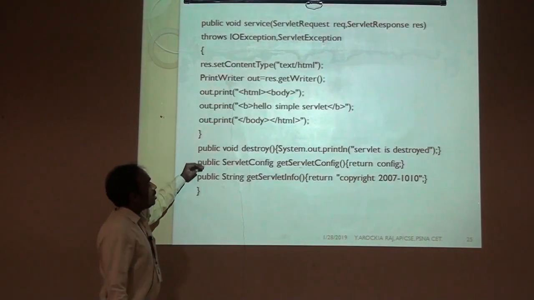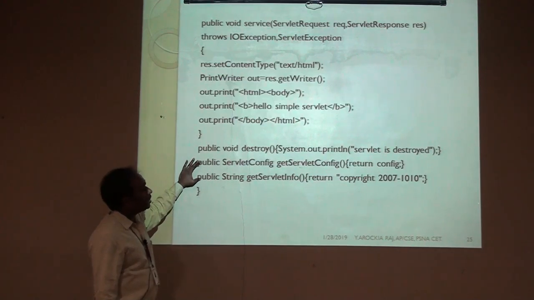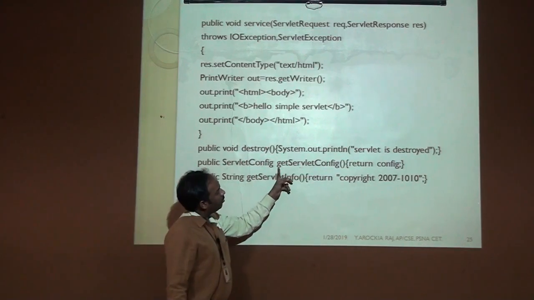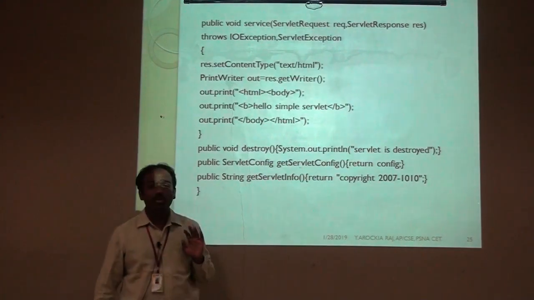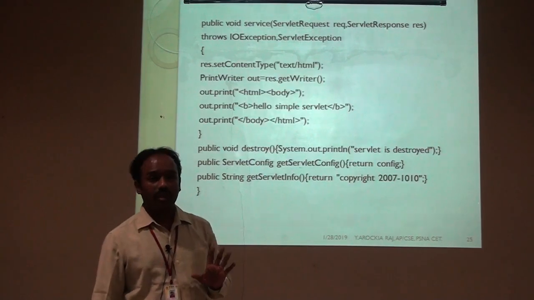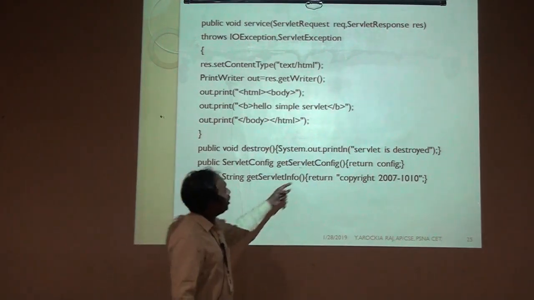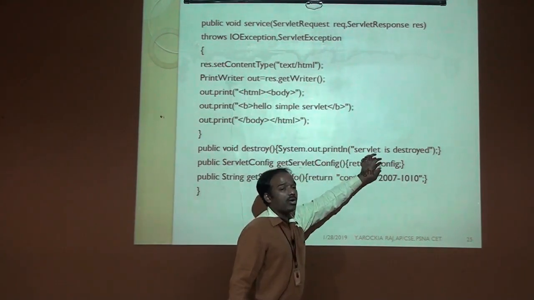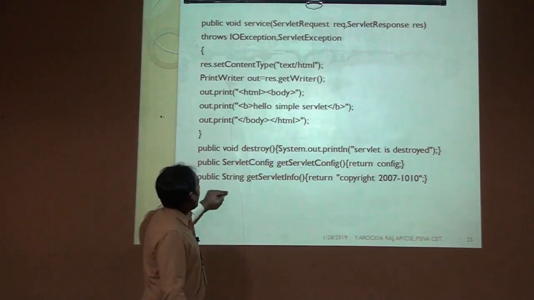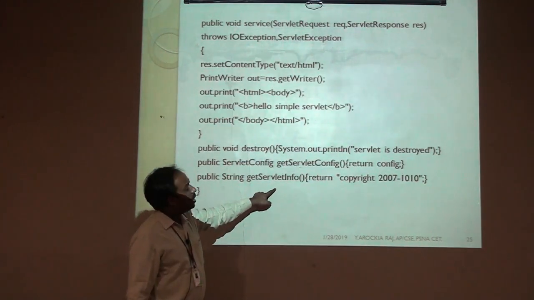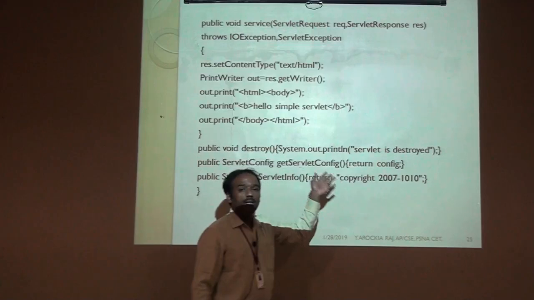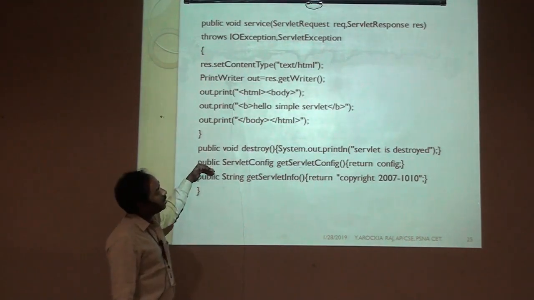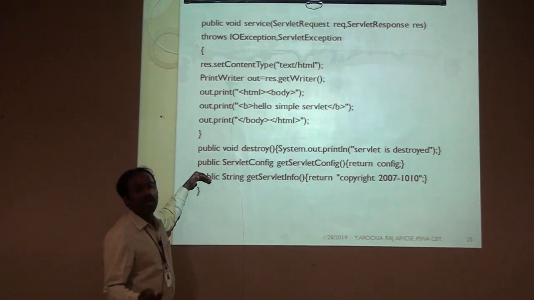We can also use getServletConfig, which returns the configuration of the servlet, and getServletInfo, which returns the copyright information back to the server. These two are executed when the client makes a request.